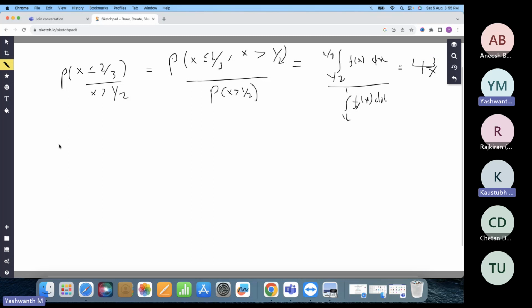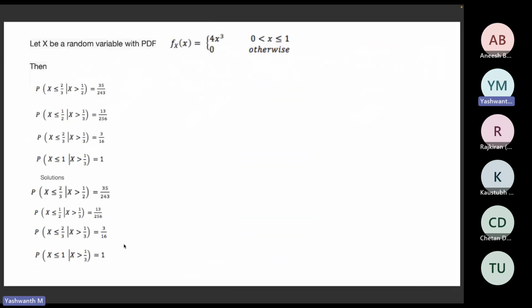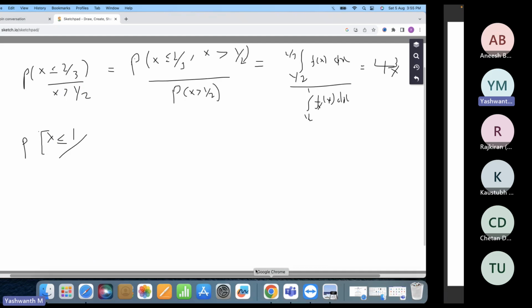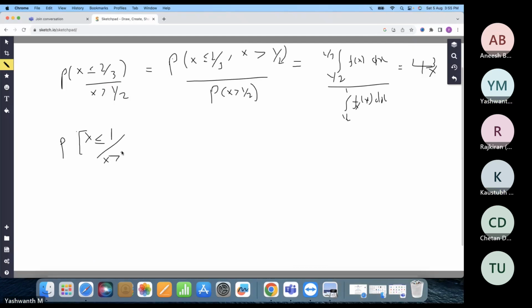Okay, there was another interesting question: x less than or equal to 1 given x greater than 1/3. And your density, interestingly, is 4x cubed from 0 to 1, and for x greater than 1 it is 0.